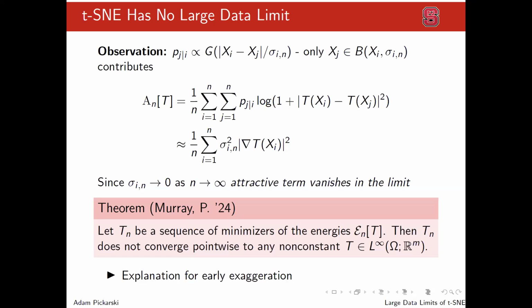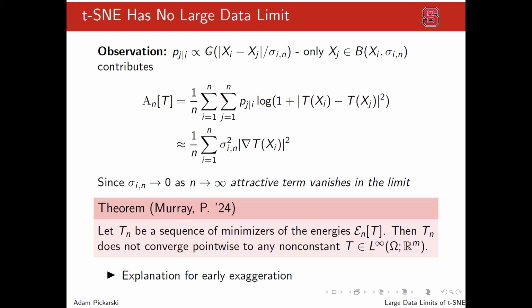By the way, this is an explanation for a technique that always comes up in practice. With the t-SNE algorithm, they say that for some reason I need to turn up the attractive forces in the early stages of the gradient descent. We call that early exaggeration, and if I don't do that, then my plots look terrible.